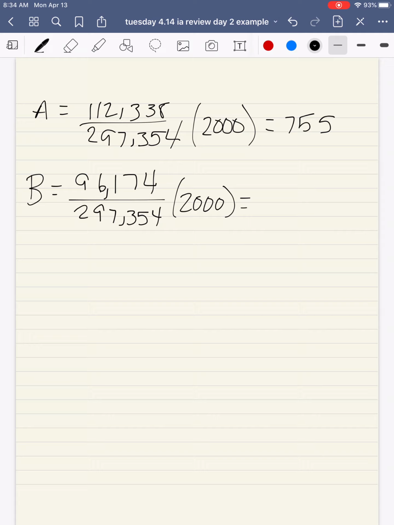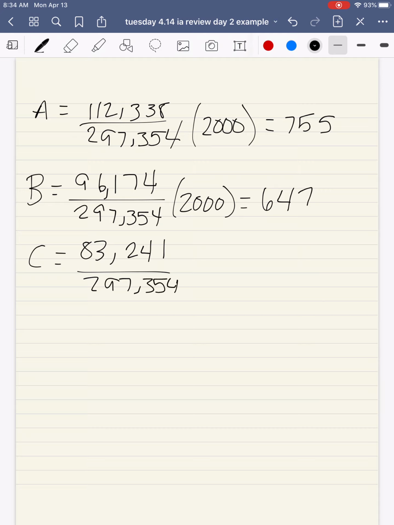So that's going to be 647. For model C, we have 83,241 over our total. And again, we want to multiply that by our 2,000, so that's going to give us approximately 560.